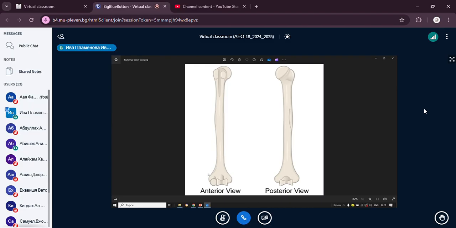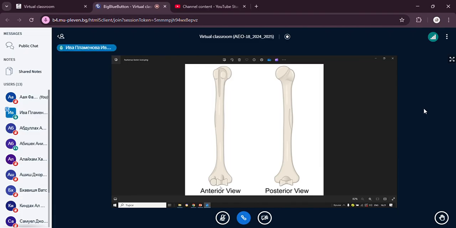Okay, for the distal end, we have two epicondyles. This one is smaller than this one, so this should be epicondylus lateralis and epicondylus medialis. Above them, we have two crests, crista supraepicondylaris lateralis and crista supraepicondylaris medialis.